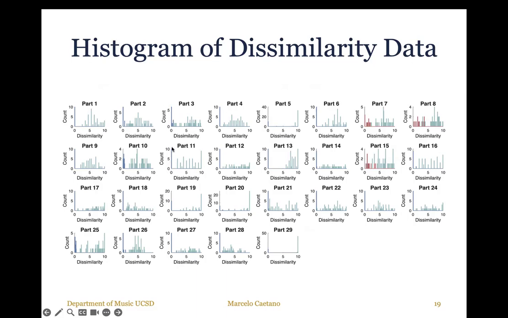This participant rated all identical pairs at 0. And then here are the others. So what we can see is, first of all, these 3, they still obviously didn't follow the procedure for the identical pairs. And we can also see the histogram of their dissimilarities. Now, I want to draw your attention to participant 29.